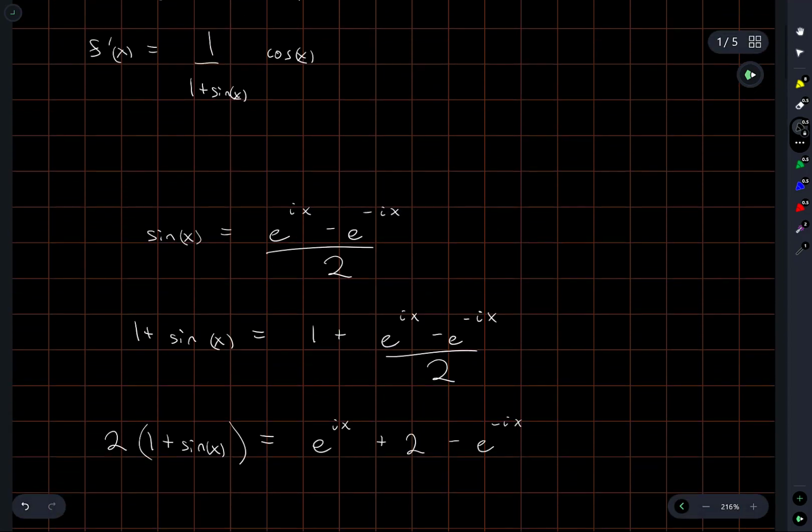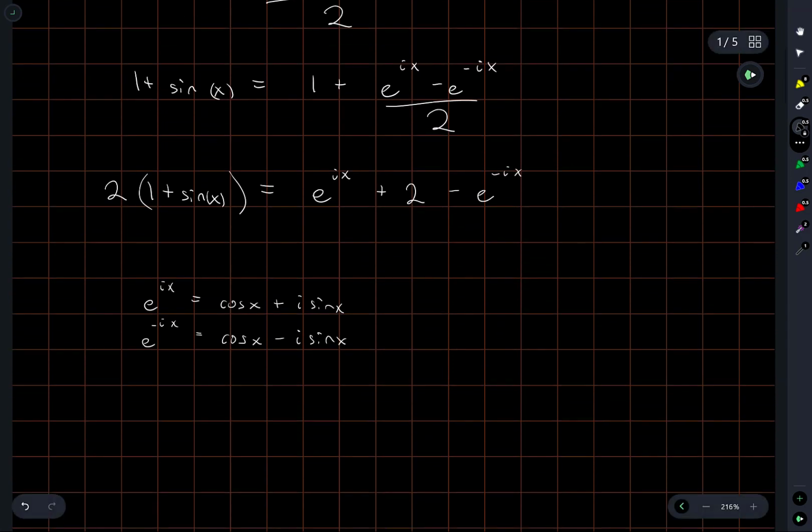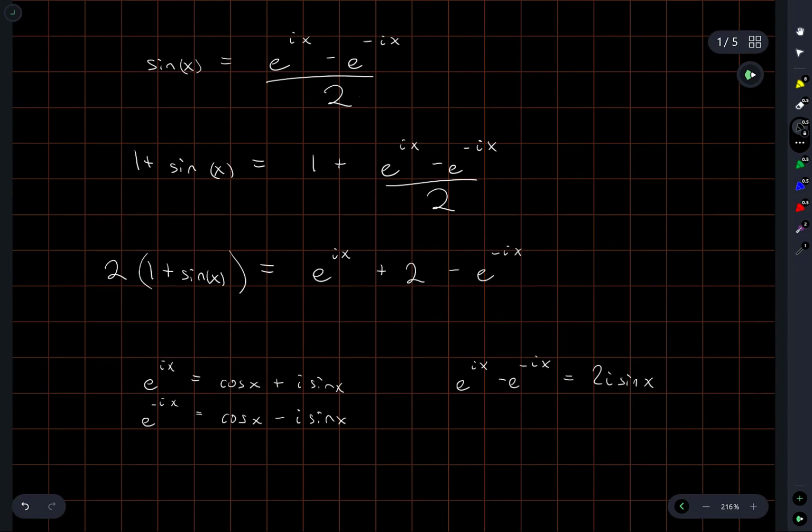And I guess technically I'm missing an i here, right? If I take top minus bottom, I get 2i sine x. Okay, but will this help anything?